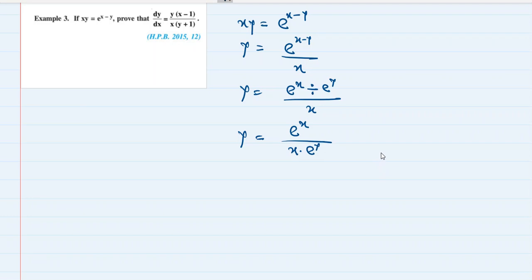Okay, so we have something like this. We can keep it e raised to x minus y also, I don't think there is a problem, but if we want to simplify and write it like this, it should not be a problem. Let's see how to simplify this.